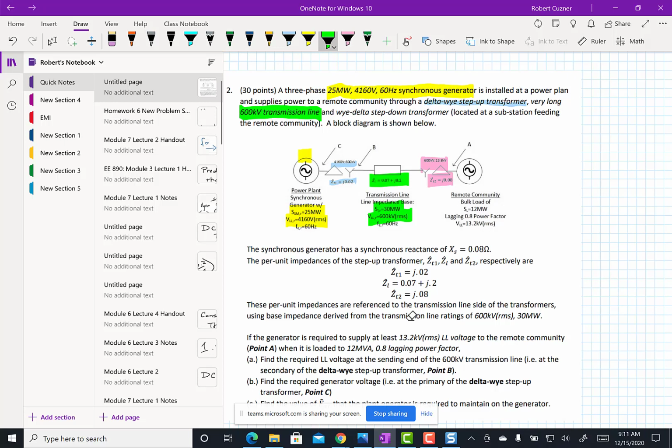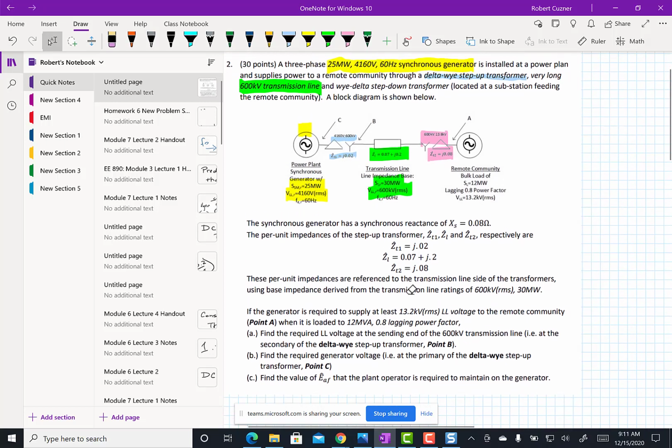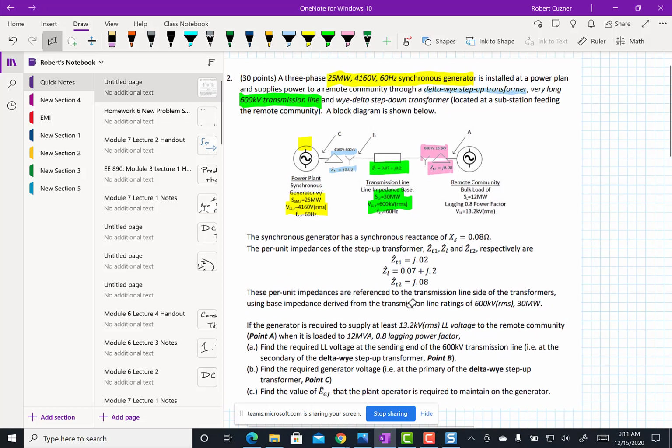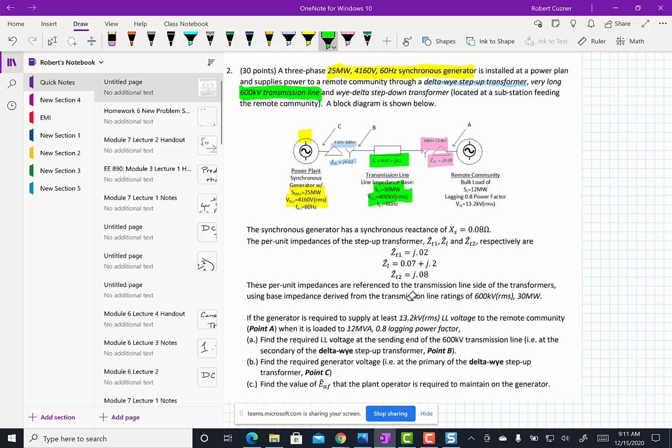And then a remote community is being fed, it says here, and it has a bulk load of 12 megawatts. So that's your load. It's got 0.8 power factor, but note also that the line-to-line voltage is 13.2 kV. It's not 13.8.